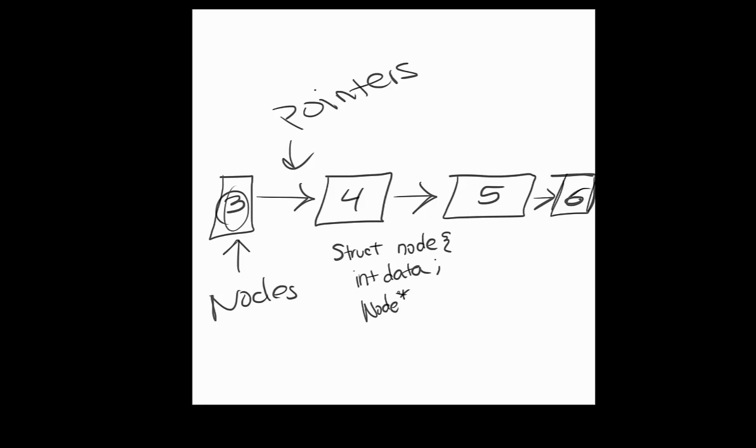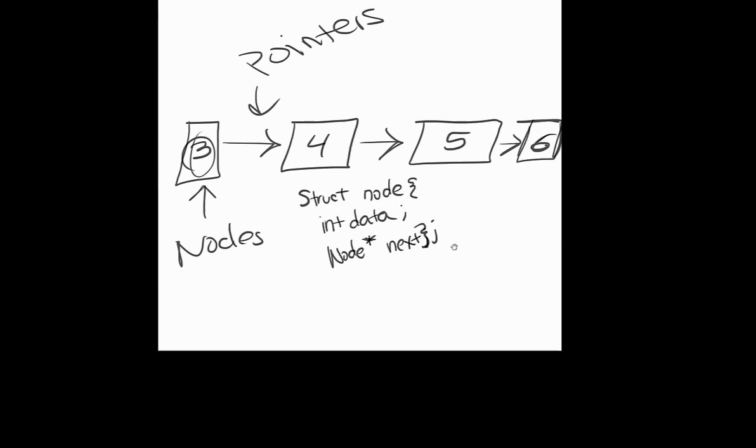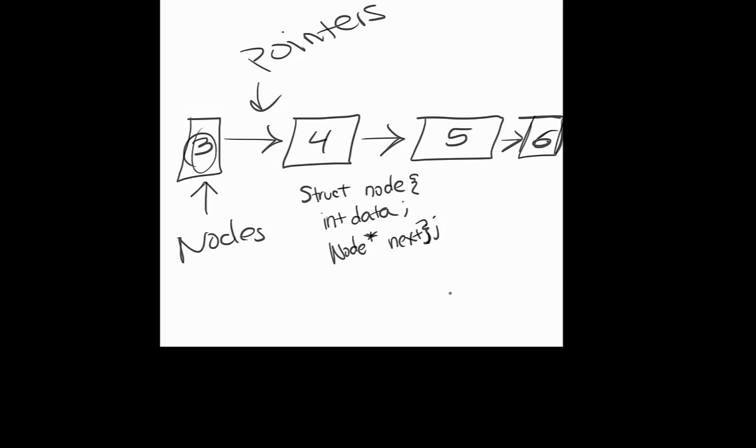And then we create a pointer to the next element. So let's go ahead and end this curly brace. So the way you can visualize this is here's the data, and then here is the next pointer, the next element, and this is our node, right?